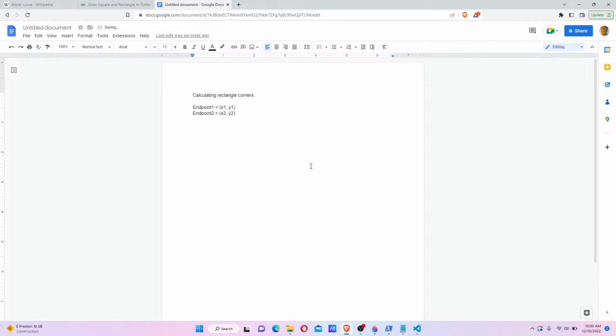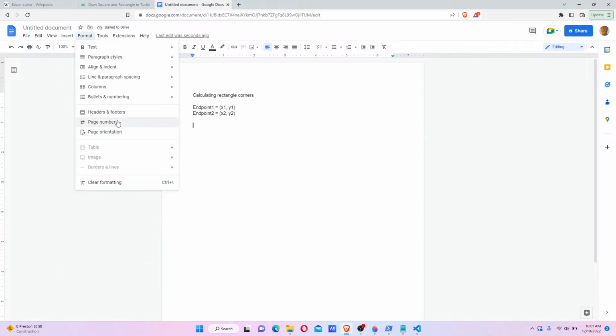Okay. Endpoint 1, x1, y1. Endpoint 2, x2, y2. Now, distance between points is just equal to, I'm actually going to insert an equation.